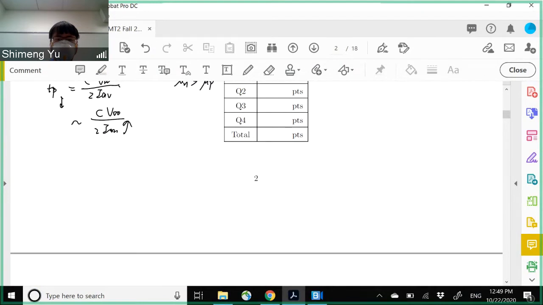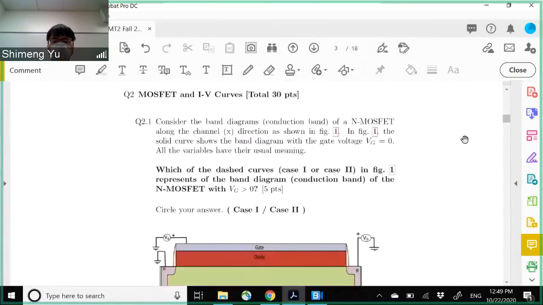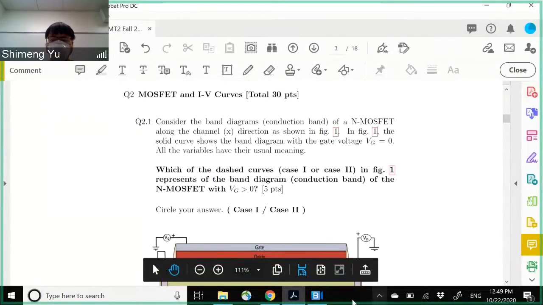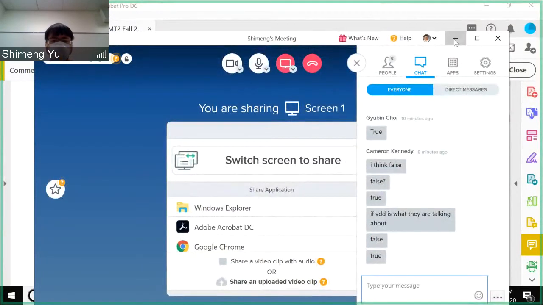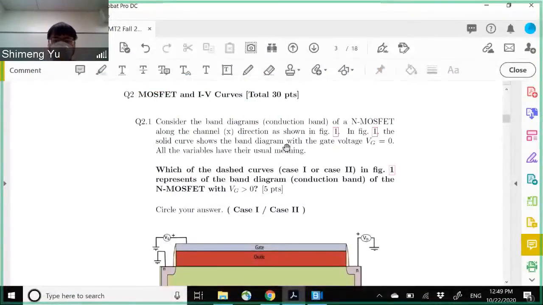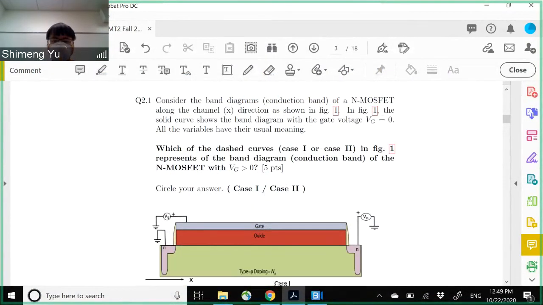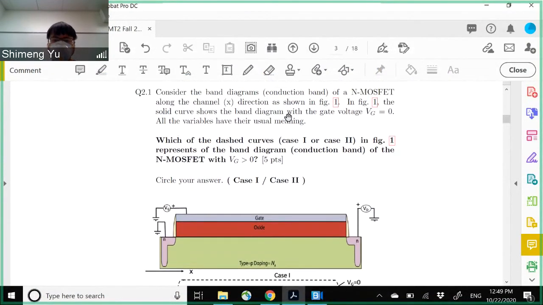Question 2. So consider the band diagram of the MOSFET along the channel direction. And just choose which case represents the band diagram when the gate voltage is larger than 0, or positive gate voltage.